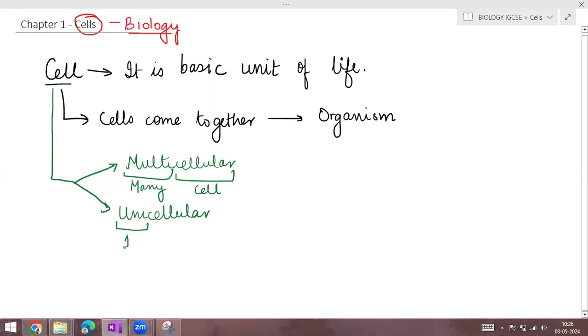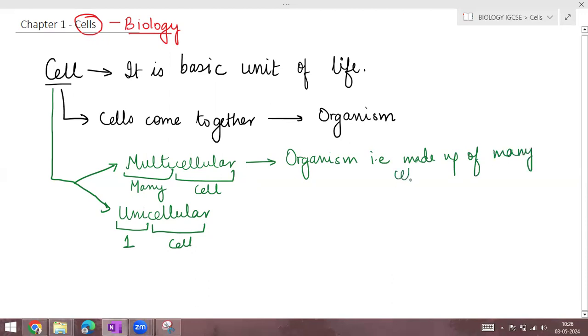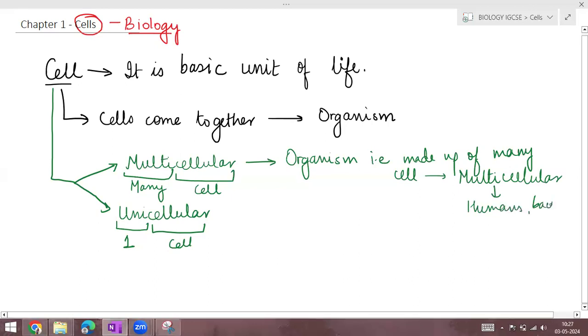Uni means one, and cellular again means cell. So the organisms that are made up of many cells are known as multicellular organisms. For example, humans, maybe a mango tree.